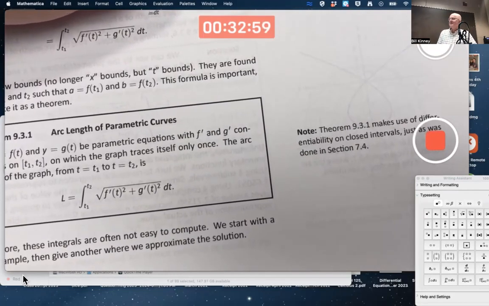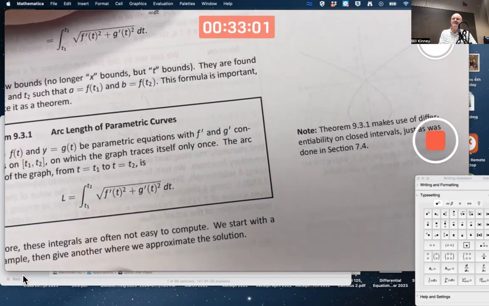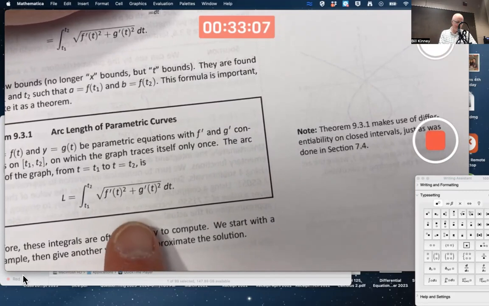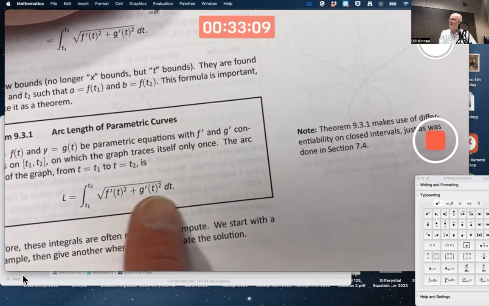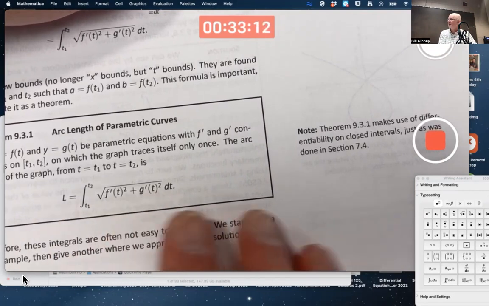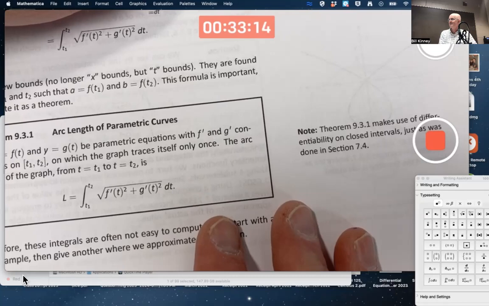Like even if f of t is t and g of t is even just t squared or something, so that g prime is 2t and you have to square that to get 4t squared, doing that integral is a big pain. I would not give it to you on a test. It's doable, but it's a big pain.